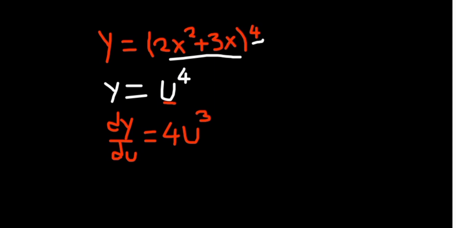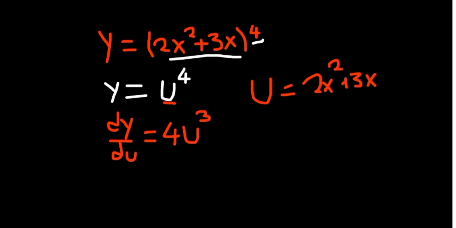On the other part, we are saying u is equal to what is inside the brackets, so it's going to be 2x squared plus 3x.